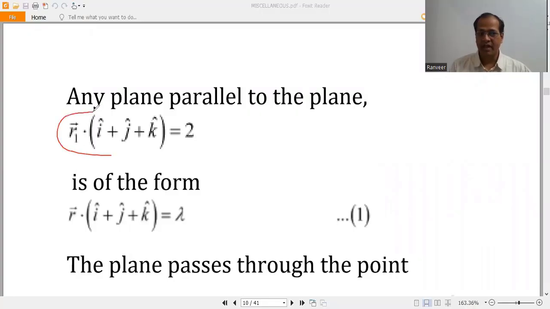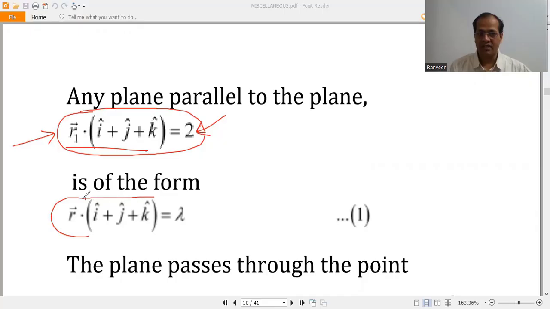Suppose this is the given plane. With respect to this plane, I want to write the equation of the plane. So we can take r dot (i plus j plus k), only this value will change, the rest is the same, equal to lambda. So our task is to find the value of lambda as well as r.